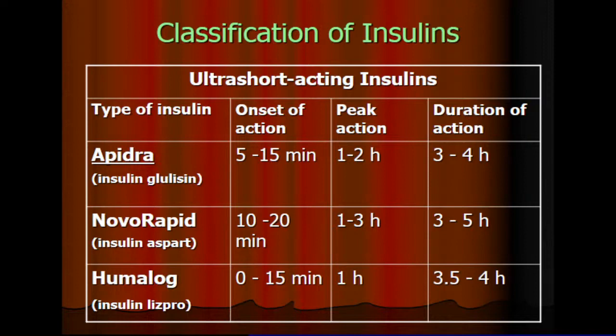Onset of action: Apidra 5 to 15 minutes, Novarapid 10 to 20 minutes, Humalog up to 50 minutes. Peak action: Apidra 1 to 2 hours, Novarapid 1 to 3 hours, and Humalog 1 hour. Duration of action: Apidra 3 to 4 hours, Novarapid 3 to 5 hours, and Humalog 3 to 4 hours.